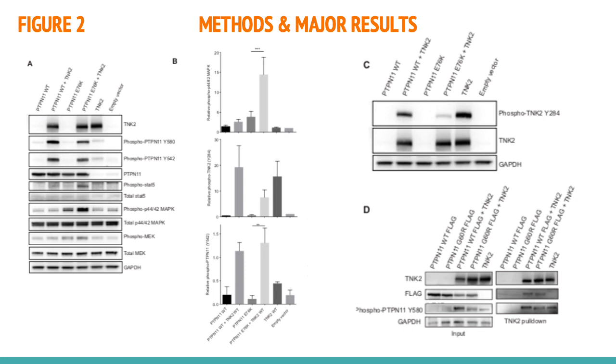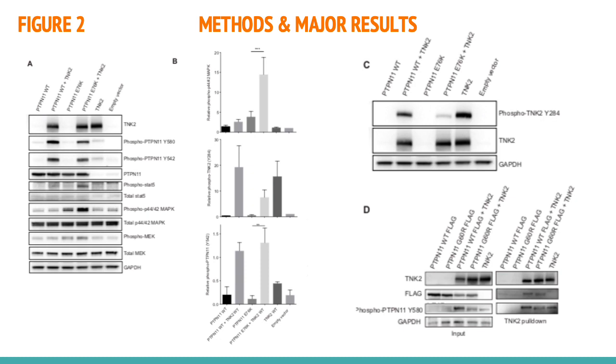And then the results of test 3. They found there was an increase in phosphorylated p44/42 MAP kinase and decreased TNK2 phosphorylation where there was co-expression of the mutant PTPN11, specifically the E76K, and TNK2.